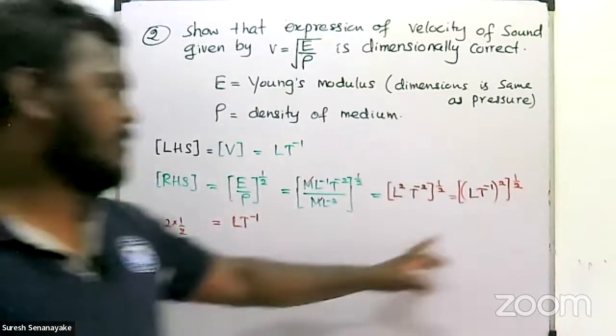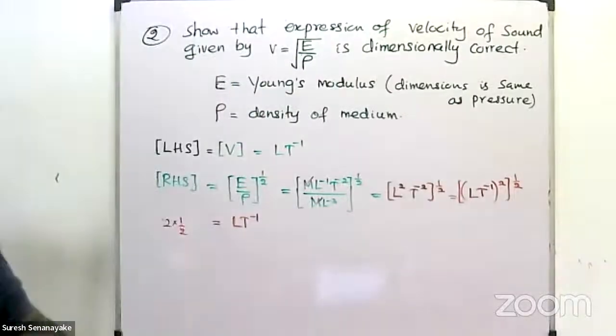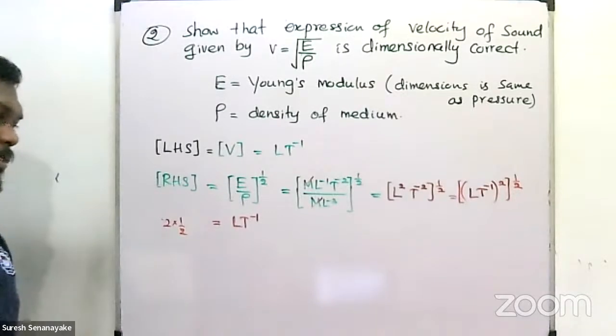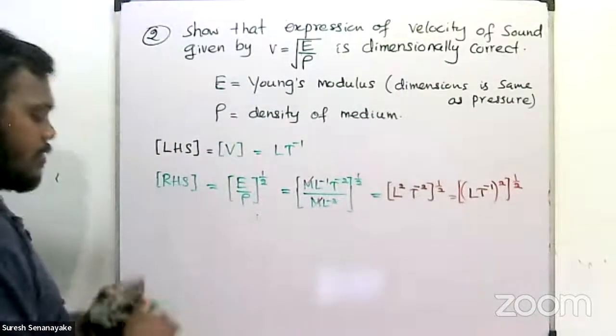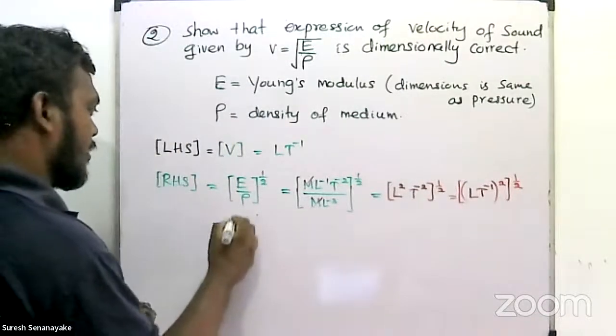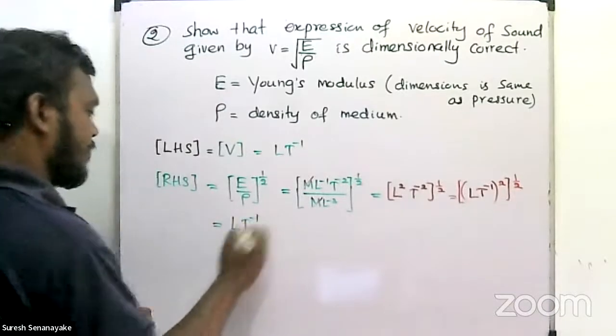Simple mathematical simplification of the powers; it's basic mathematics. So in the final we can write LT minus 1.